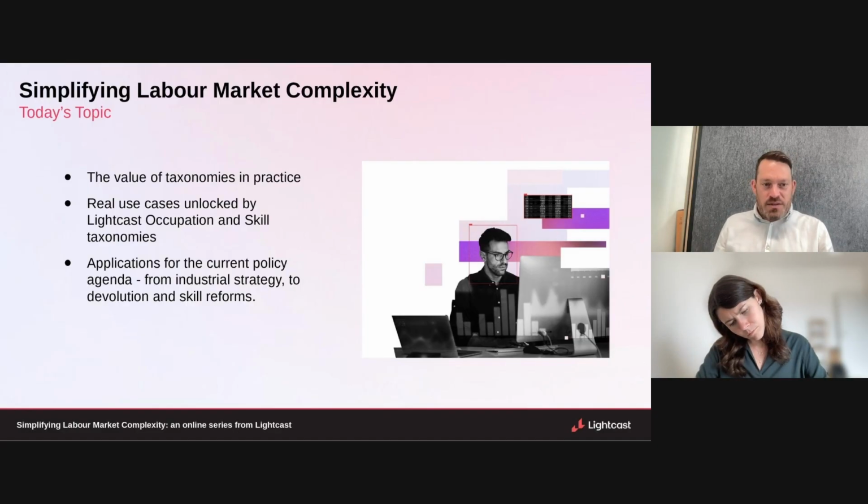So we're going to specifically dive into our new Lightcast occupation taxonomy update, but we also will reference things like the skills taxonomy that we work with regularly, that allows us to really bring some sense to a lot of the noise that we're hearing in the labour market, and think about why this is not just helpful in data structure, but what does that mean for actually executing around some really quite interesting and exciting times when it comes to policy reform in the economic development, economic investment, and skills investment space as we go through.